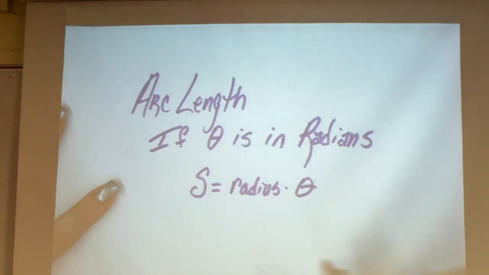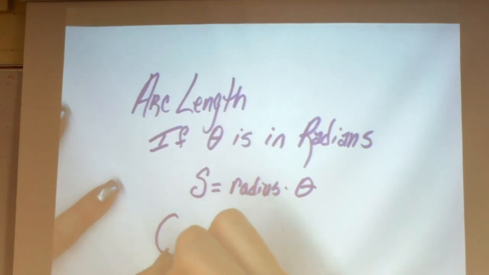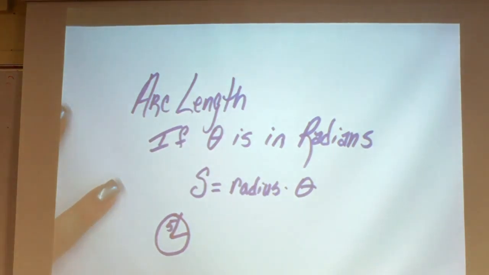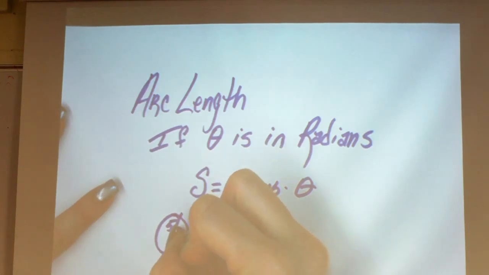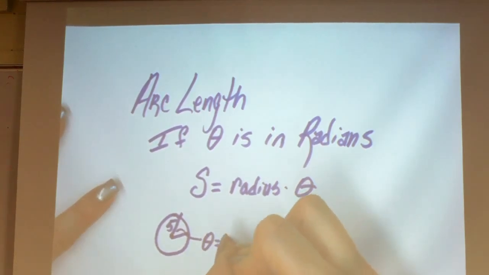Okay, so let's do an example. Let's say I have a circle. Let's make the radius 5, and let's make our theta equal to pi over 4.